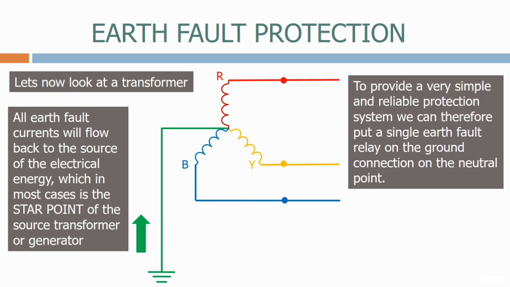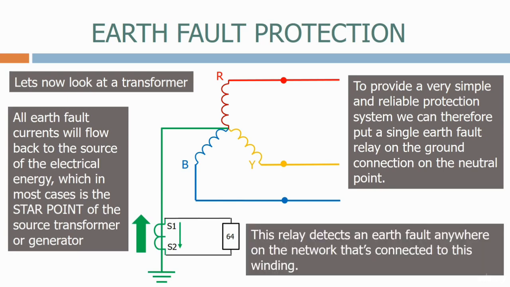To provide a very simple and reliable protection system, we can therefore put a single earth fault relay on the ground connection on the neutral point. This relay detects an earth fault anywhere on the network that's connected to this winding.